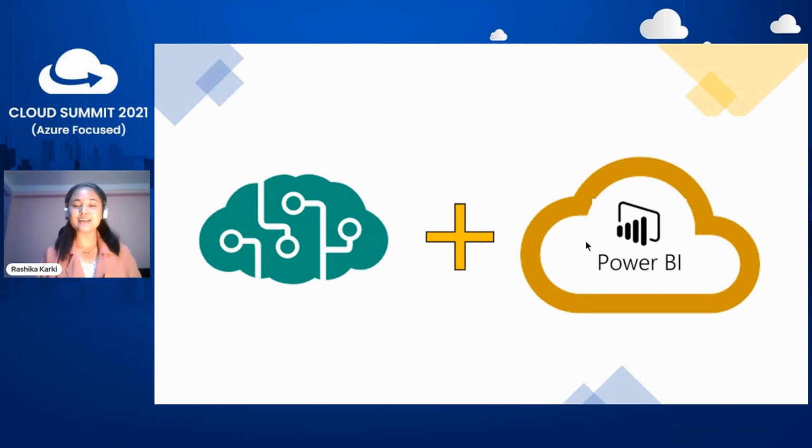And Power BI is a business intelligence tool that helps you manage and load your data, and then analyze it to gain meaningful insights. We're going to see how these two powerful platforms work hand in hand, and how you can derive value by merging the functionality of the two.